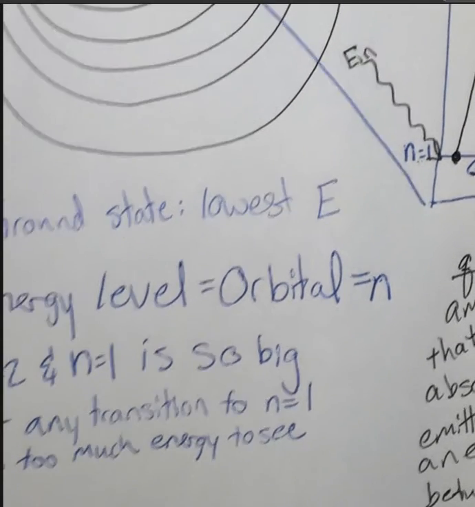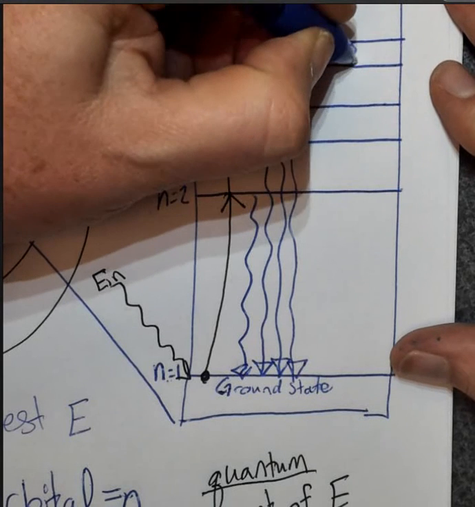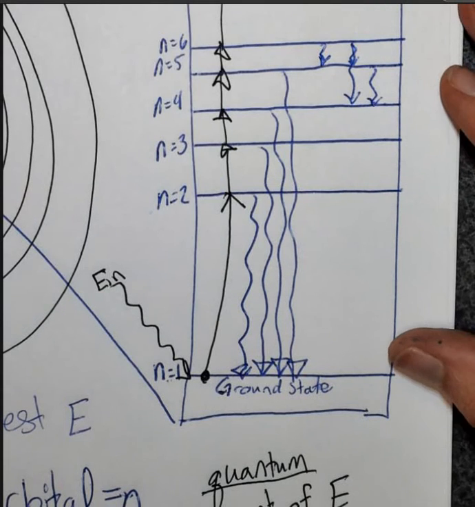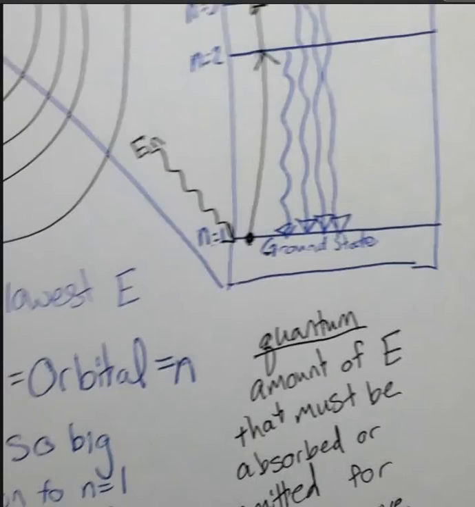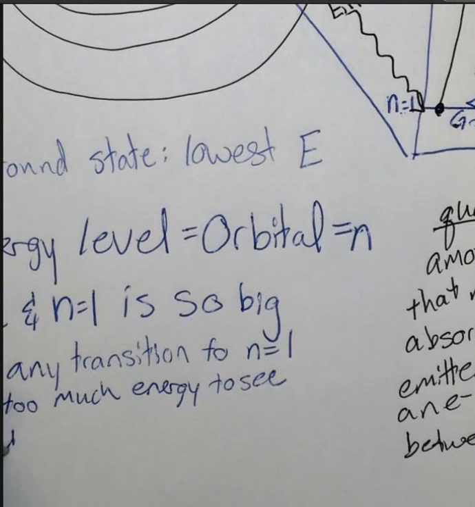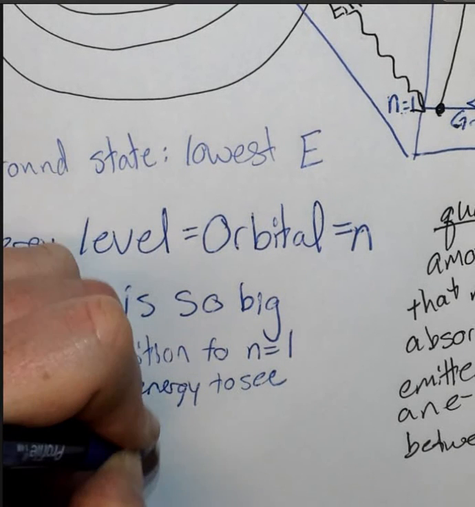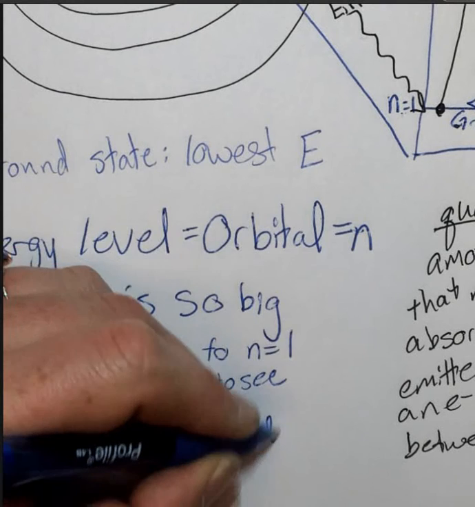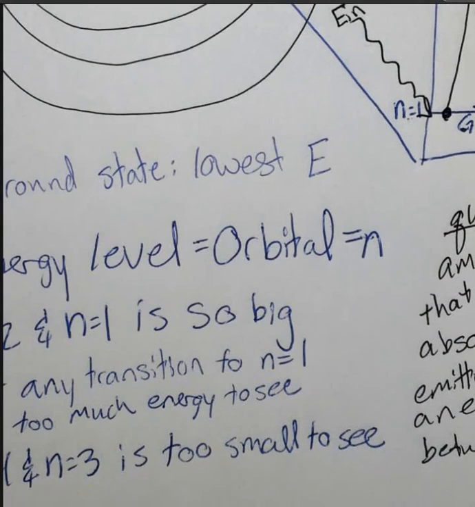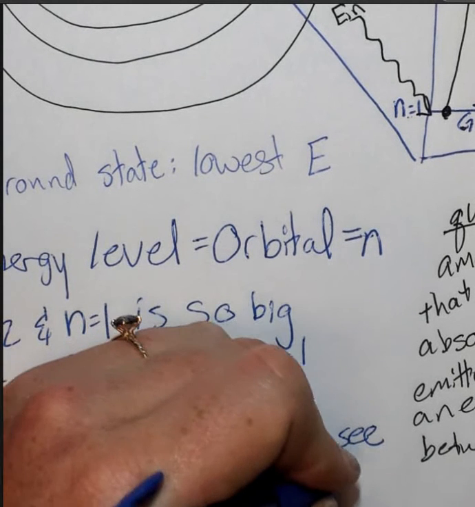If we looked at the spacing between here, here, here, those are really small spacing. So we say that to get between n equals 4 and n equals 3 is too small to see. That means that it's actually going to be infrared or less.